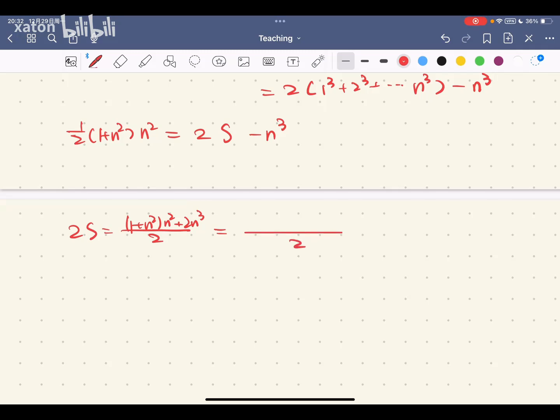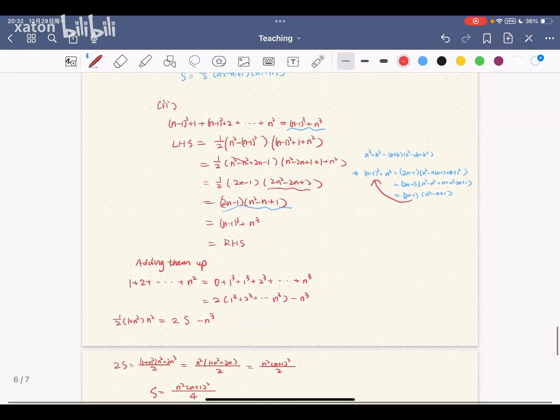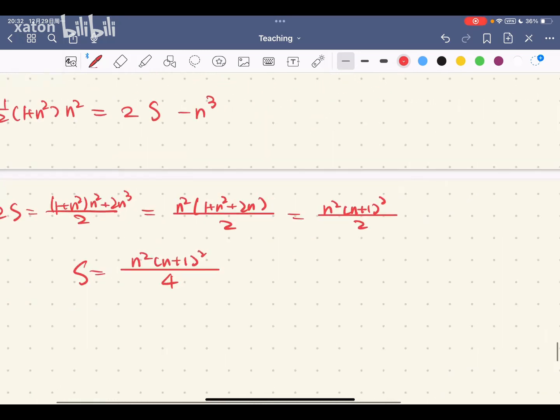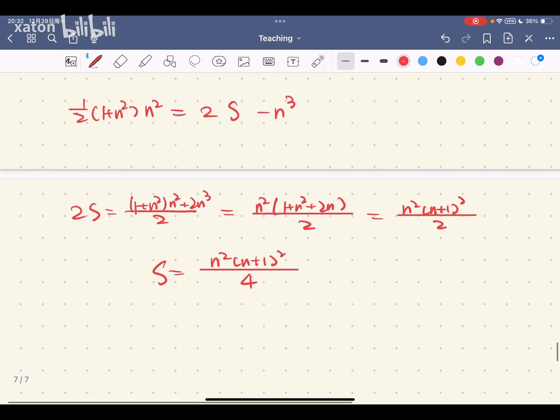Actually, we can factor out n squared: 1 plus n squared plus 2n, and you can complete the square, n plus 1 squared. So I think we get it. Yeah, so now we finally reached the final result. It is n squared times n plus 1 squared over 4. It's our final result.